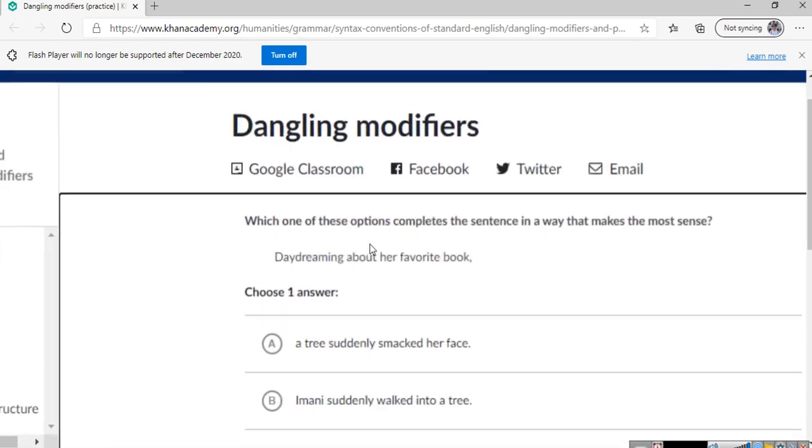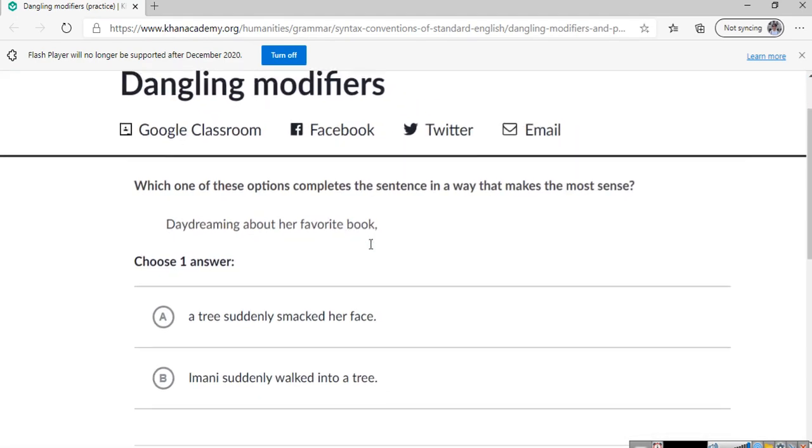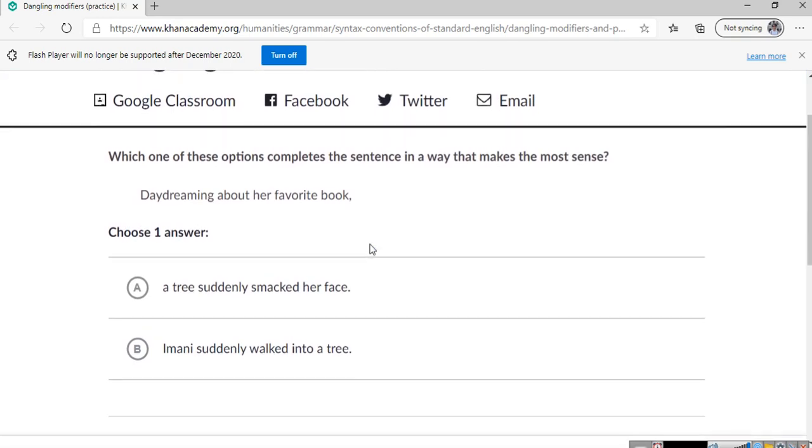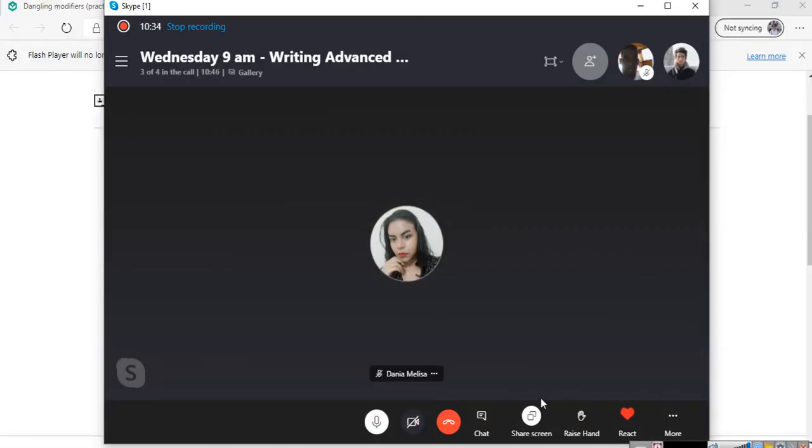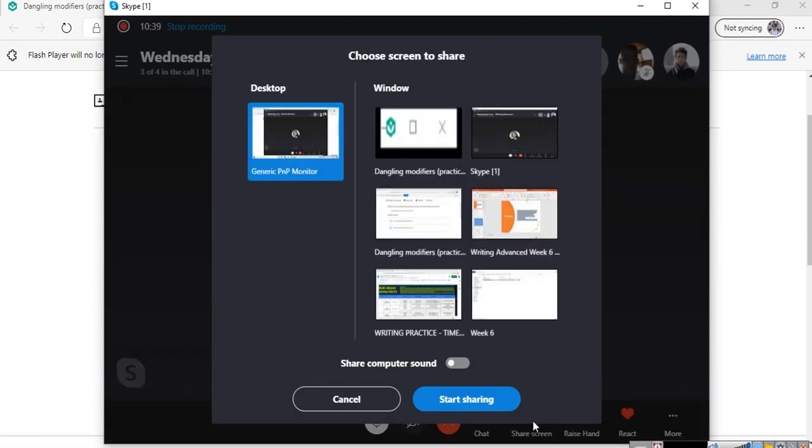Okay, I'm gonna zoom in and we have our first question. It says, which of these options completes the sentence in a way that makes more sense? Sorry, teacher, I cannot see anything. Oh, thank you. I'm gonna stop sharing and I'm gonna share again.